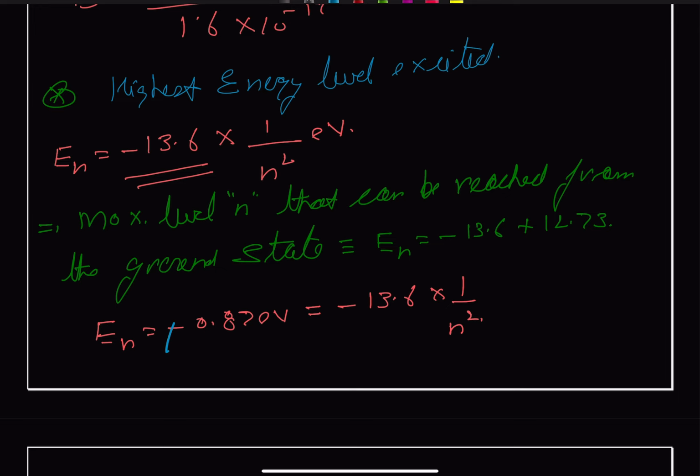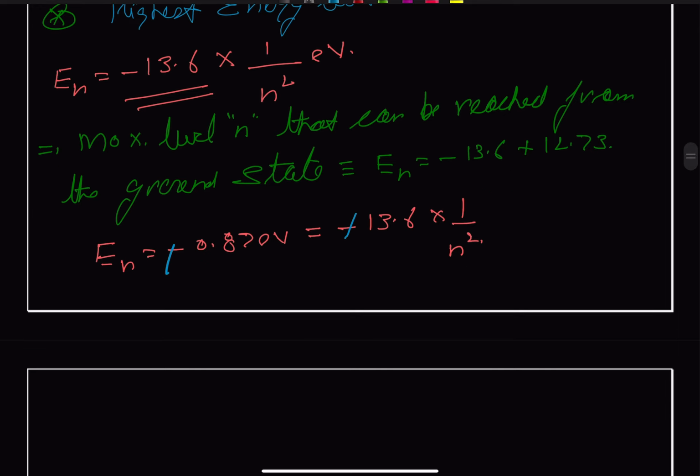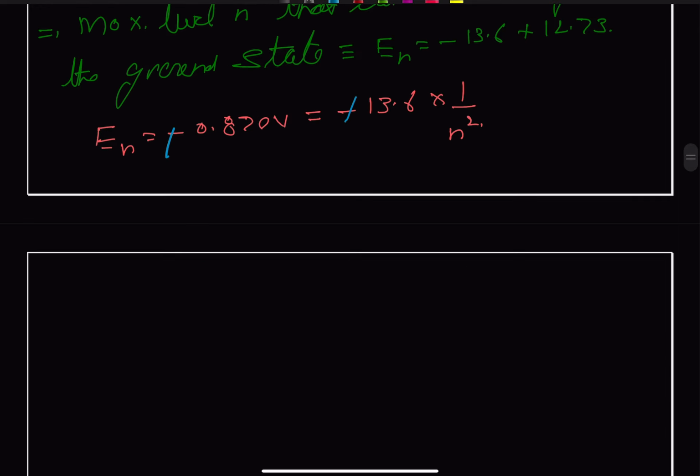So here minus and minus cancels out, so we get our n square will be equal to 13.6 divided by 0.87, and this comes approximately as 15.63, which gives us the value of n is approximately equal to 4.